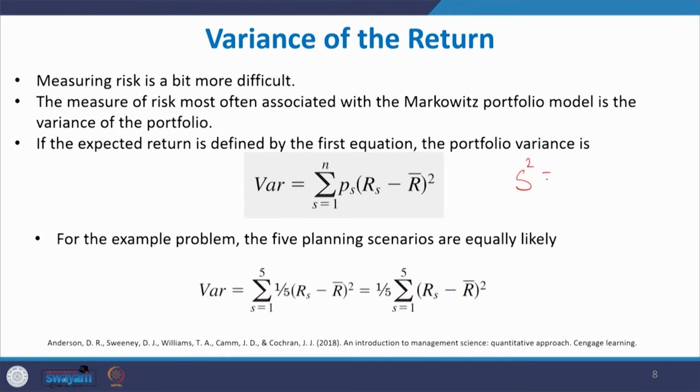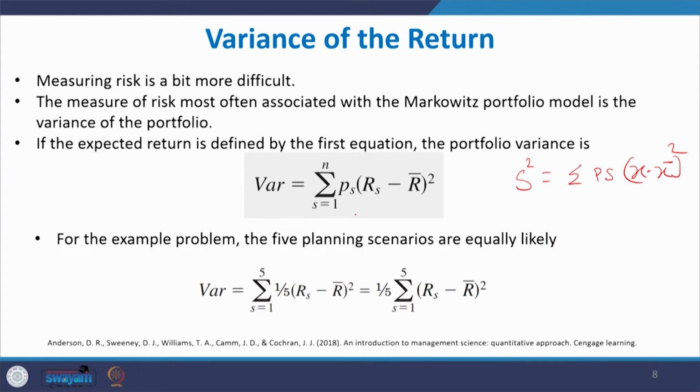We know traditionally sigma of P s (x minus x bar) whole square. Here x bar means your R bar, x means the corresponding return, P s means the probability. For the example problem which we have discussed, 5 planning scenarios are equally likely.